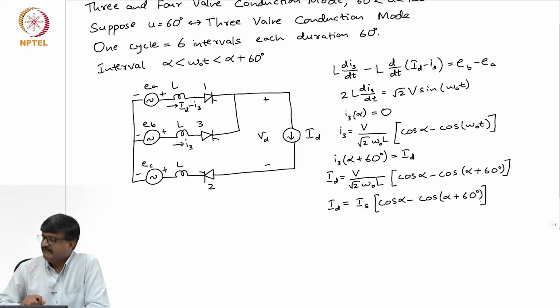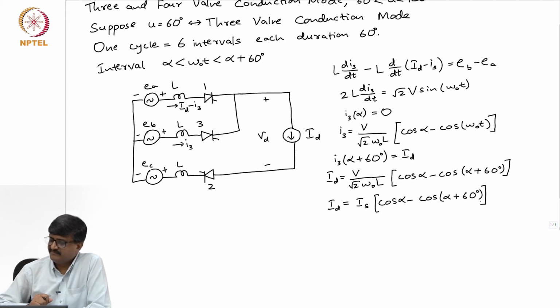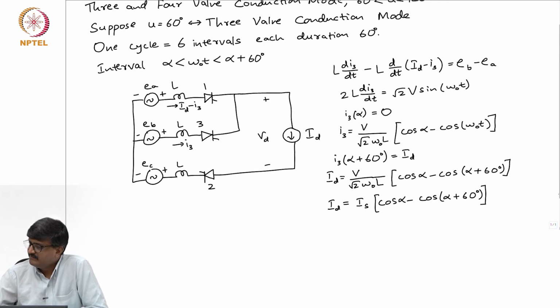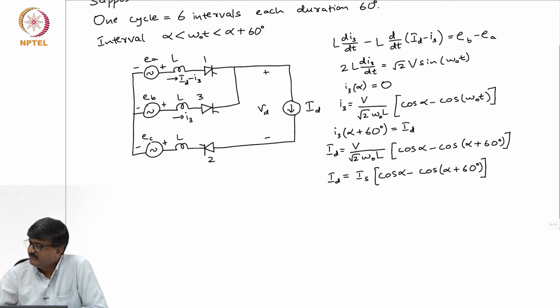Now let us see whether these expressions for ID in terms of IS, alpha, and U for the 3 different operating modes are somehow related. Let us take the equations that we already obtained.